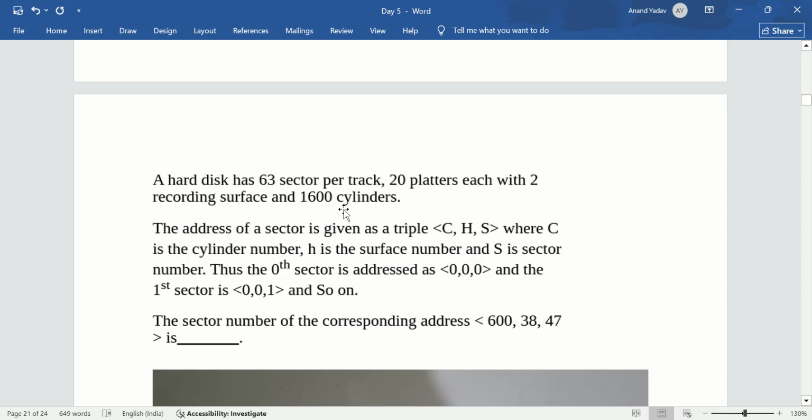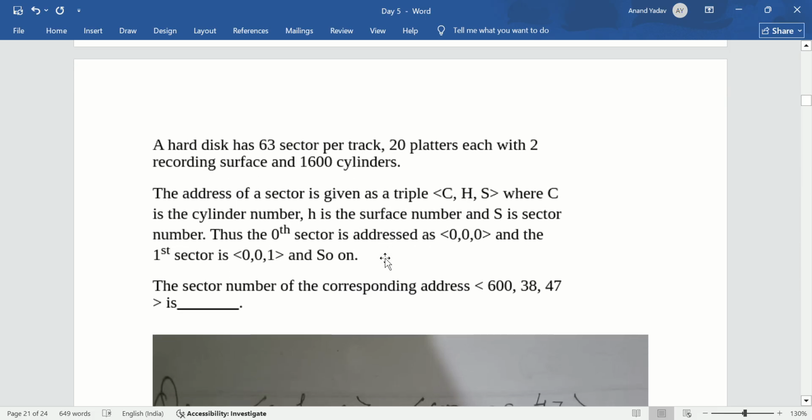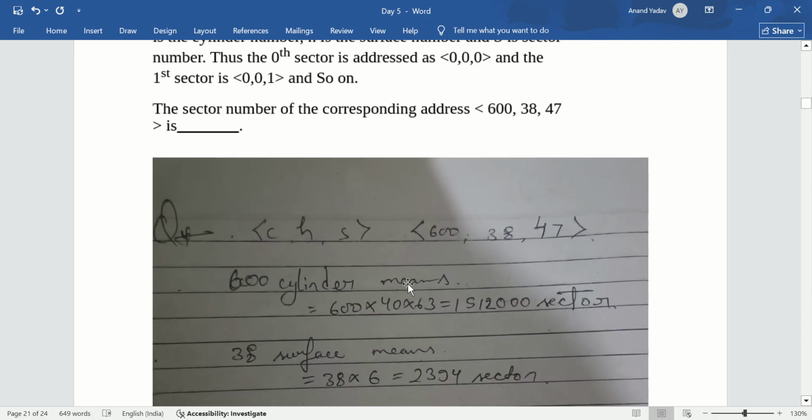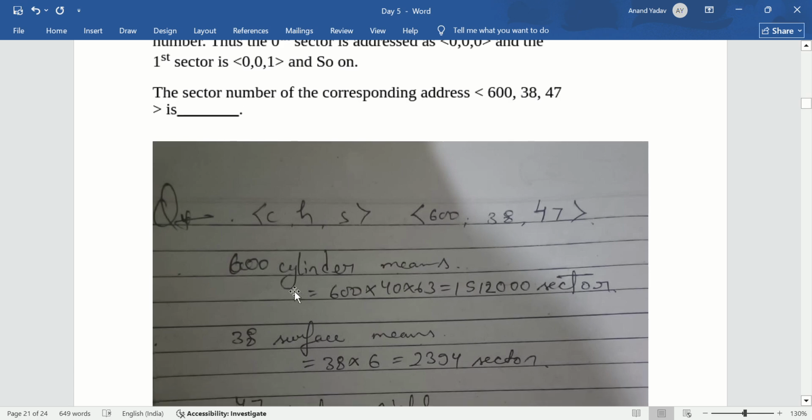Now next one: a hard disk has 63 sectors per track, 20 platters, each with 2 recording surfaces, and 1600 cylinders. It basically asks for the sector number corresponding to this address. For this I will calculate in this way.